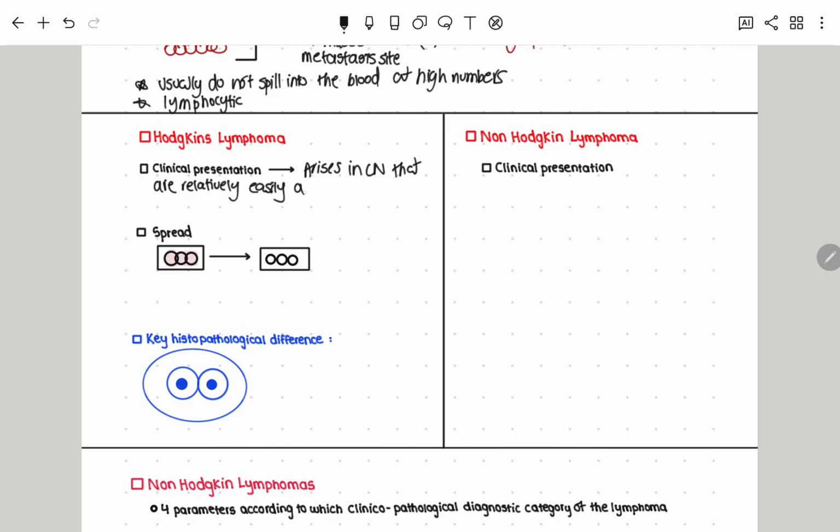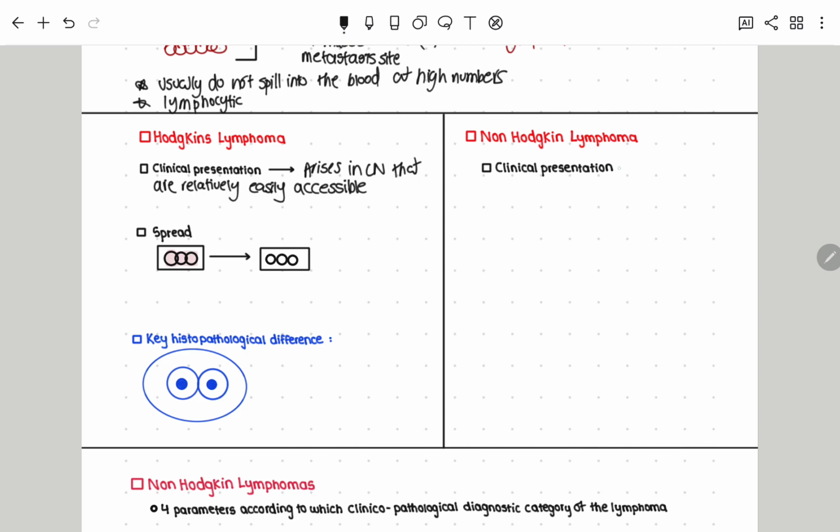There are, of course, exceptions, but for the most part, this arises in lymph nodes that are relatively easily accessible. What do I mean by this? So these are more of your superficial lymph nodes that you can easily palpate, you can easily see. Examples would be your supraclavicular or your occipital, so on and so forth.